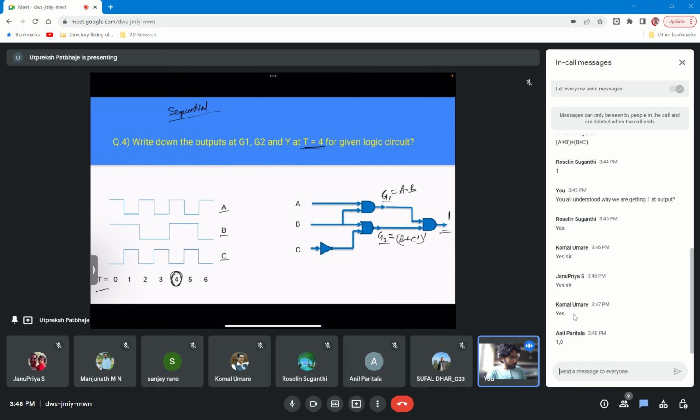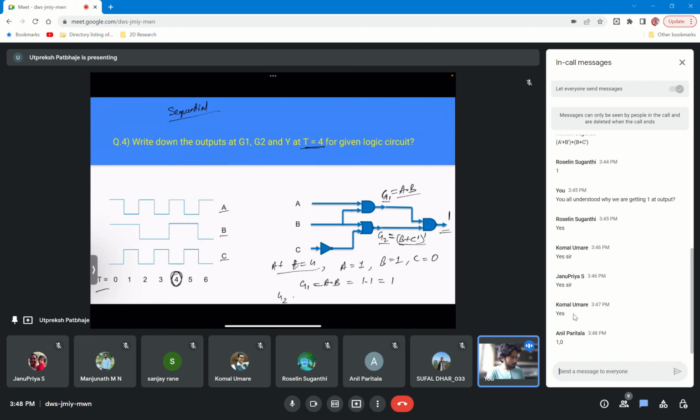So G1 at t equal to 4. At time step 4, you have A as 1, B as 1, C as 0. Since we already have G1 and G2 written as functions, we can directly write it down. G1 is A dot B, which is 1 dot 1, which gives 1.